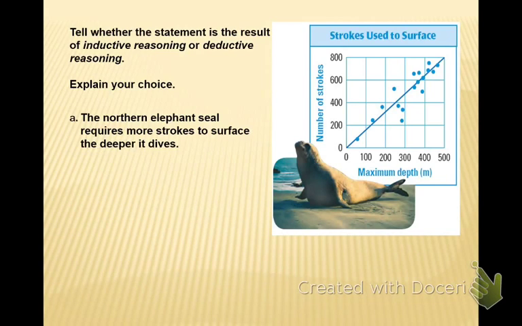How can we conclude? How did we come to that conclusion? Go ahead, in the back. It's because the dots are scattered at random, and they're not specifically stated. So what kind did you say it was? Deductive. Okay. Anybody else have any thought?